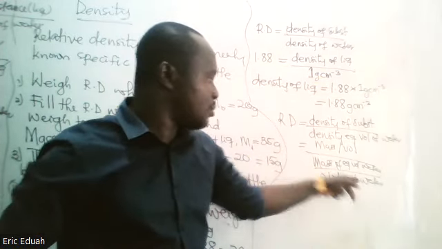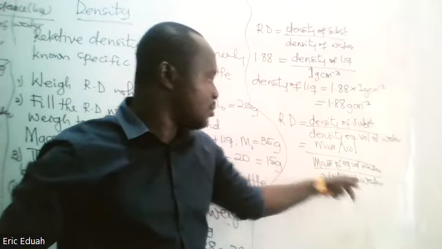So in fact, RD simply becomes mass of substance per mass of equal volume of water. That is how come the definition for relative density is density of substance over density of equal volume of water. But we are breaking it down to mass because the volume would cancel out, just as in the case of weight, gravity would also cancel out. And in each of the formulas, we'll be left with mass, mass, mass throughout.